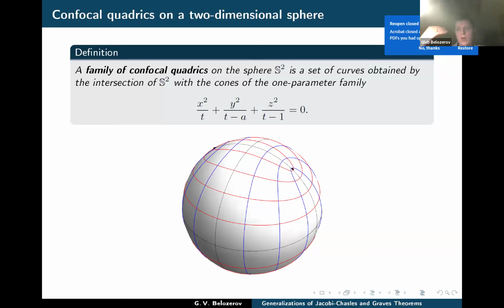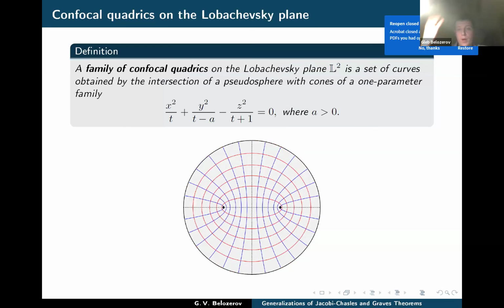Using a similar approach, we can give a definition of the family of confocal quadrics in the Lobachevsky plane. We obtain the following family of cones, but these cones live in three-dimensional space, and the Lobachevsky plane we consider in the model of the hyperboloid.